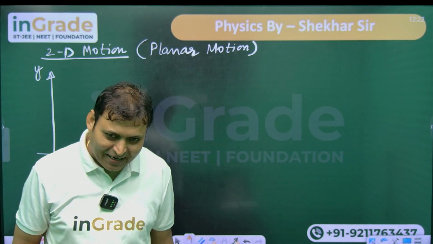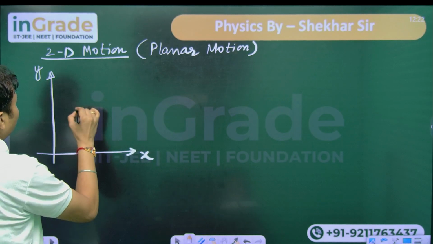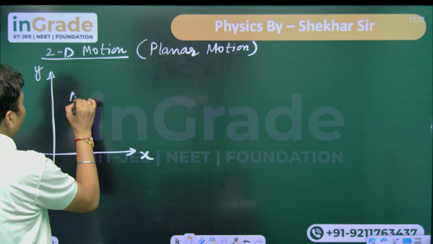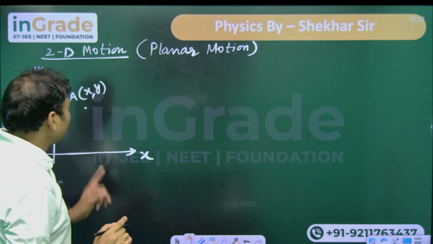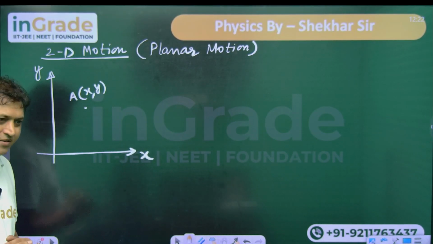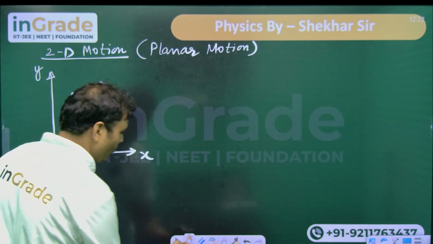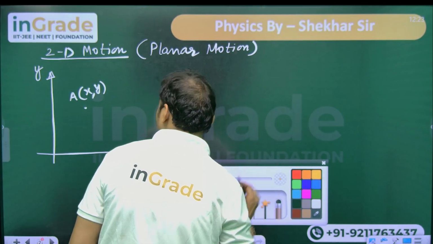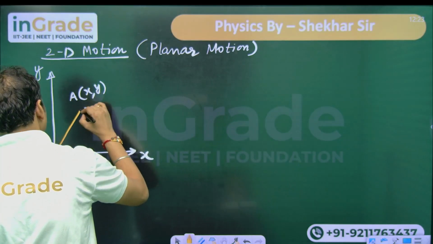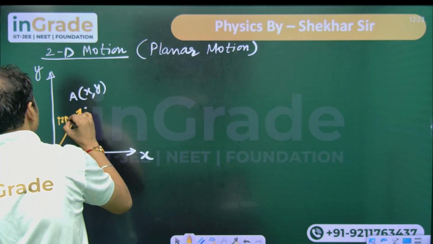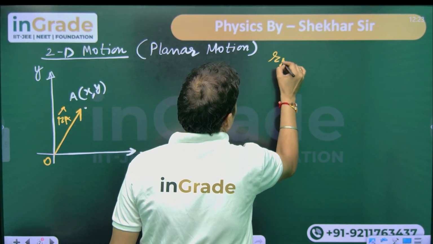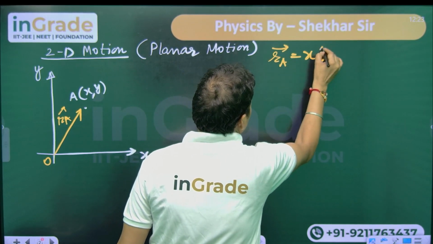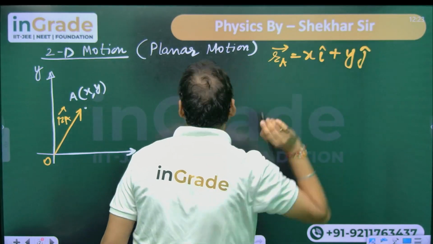Initially, there is a particle at a location, let's say A, which has the coordinates x comma y. So the position vector of this particle will be x i cap plus y j cap. You must already know this from the concept of vectors. This is, let us say, RA, the position vector of A.